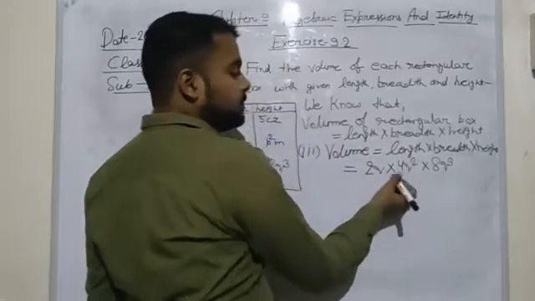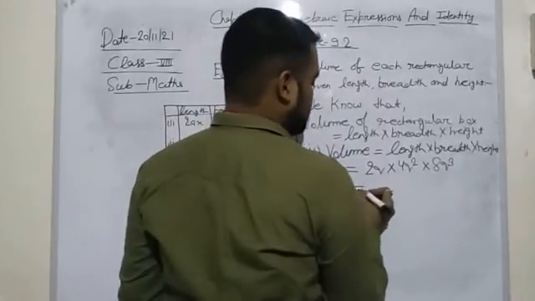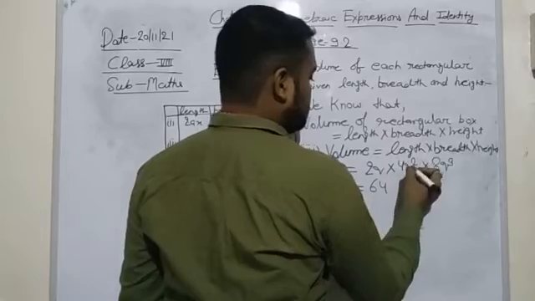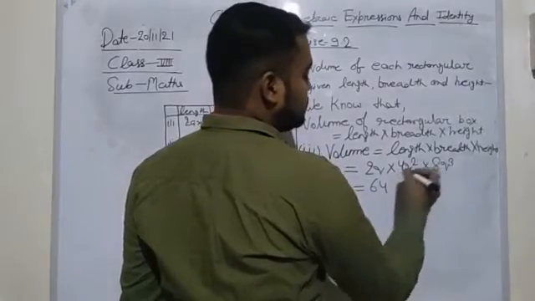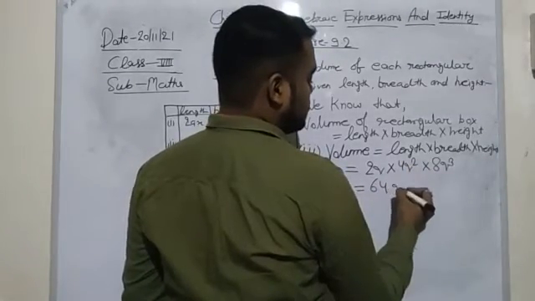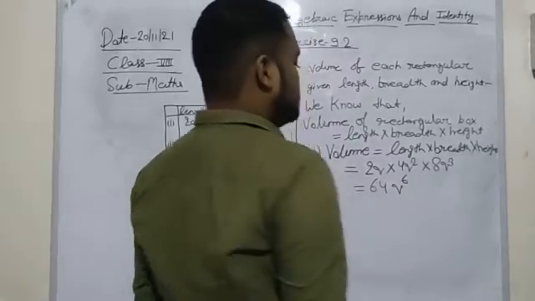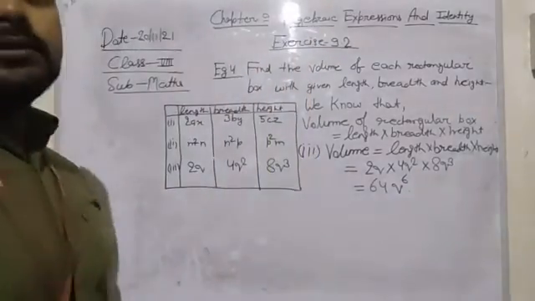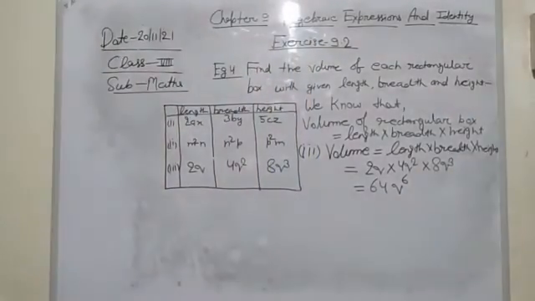So 2 4s are 8, 8 8s are 64, and q square, q and q into q, that is q to the power 6. 64q to the power 6 is the volume of the last rectangular box. Note it down.